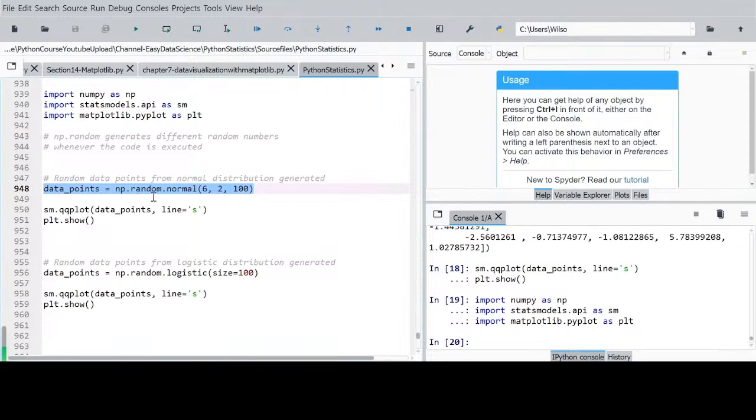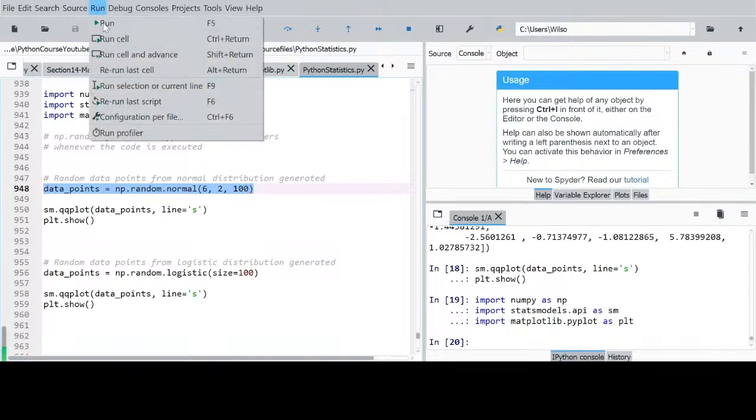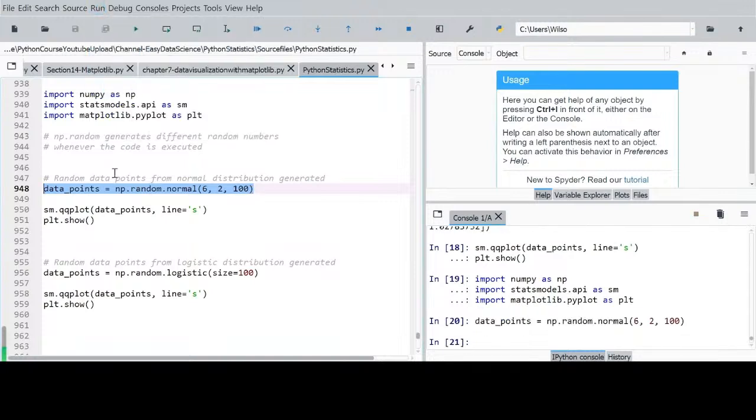We use np.random.normal with mean 6 and standard deviation 2, and we draw 100 such random numbers. We use sm.qqplot with these data points, and we also add a standardized line in the plot.